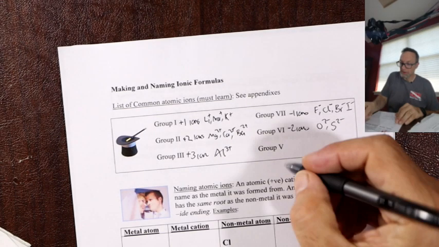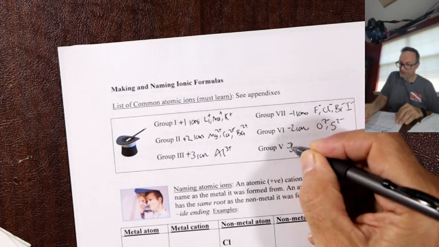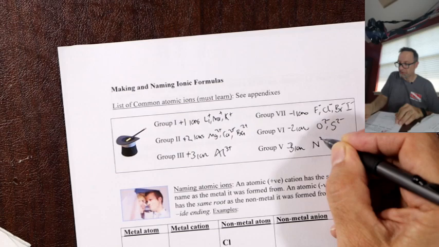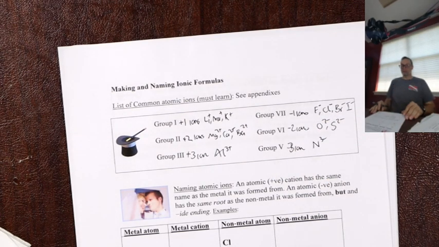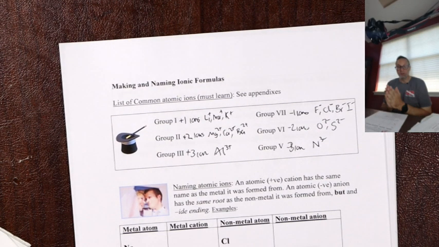Okay. -3 ion, N3 minus. Okay, so those are the ones, just using the periodic table, just remember the golden rule, column 1 +1, column 2 +2, column 3 +3. Walk it back from the other side, column 7 -1, 6 -2, 5 -3.